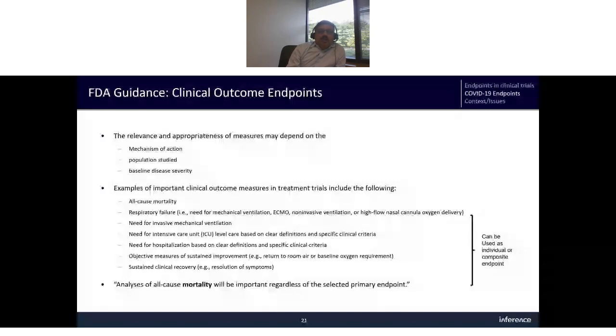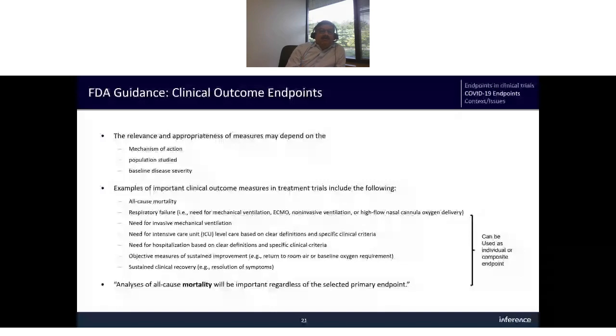So it depends on how the drug works, right? And so you'd have to obviously go with the mechanism of action that you think the drug works in, and what the influence of a particular endpoint would be. An important other thing would be the baseline disease severity. Whether this is the same as the population in some ways, but it also depends on age, comorbidities, etc.